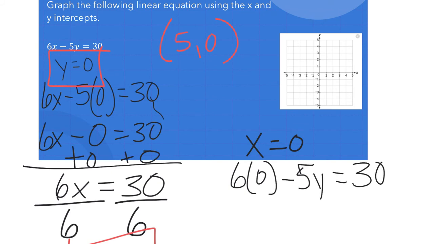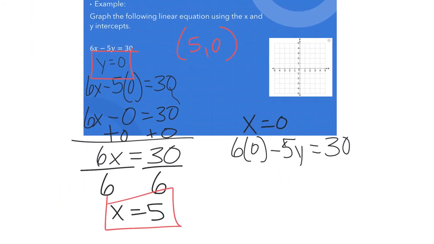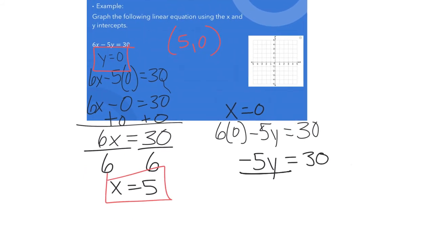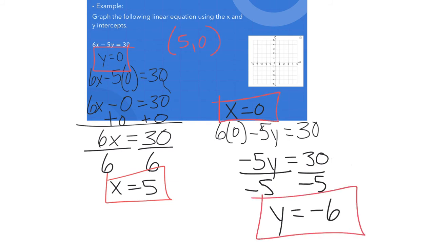We're trying to solve for y now. Well, 6 times 0 is 0, but don't forget that's a negative 5y equals 30. Don't forget your negatives. So since it's multiplying by a negative 5, I'm going to divide by a negative 5. And y equals negative 6.